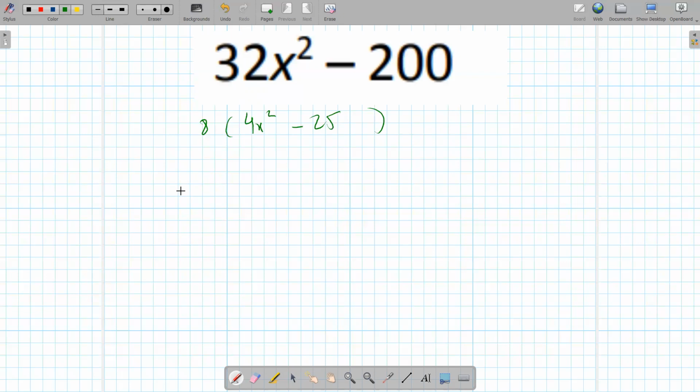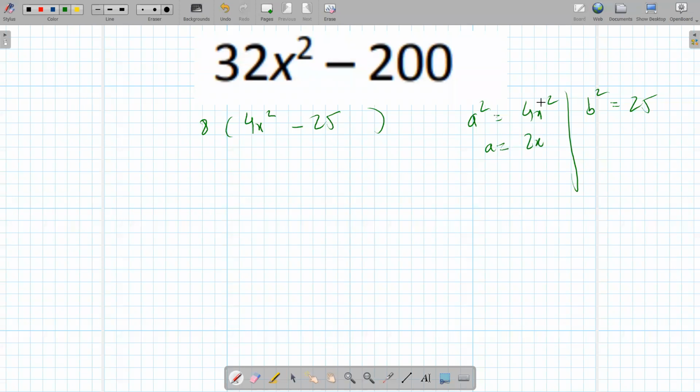Yes, you can. What's the difference of squares in the bracket? A squared is 4x squared. B squared is 25. What is A? 2x. No, just 2x.